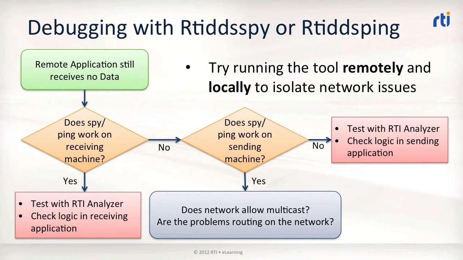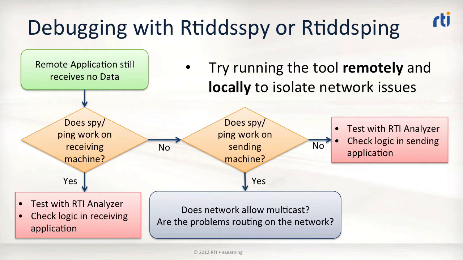If SPI works or if ping works correctly, your next steps will be to test for quality of service incompatibilities or test your logic in the receiving application to ensure that you have, for example, actually created a data reader and that data reader is listening to data either using a listener or a wait set or polling.